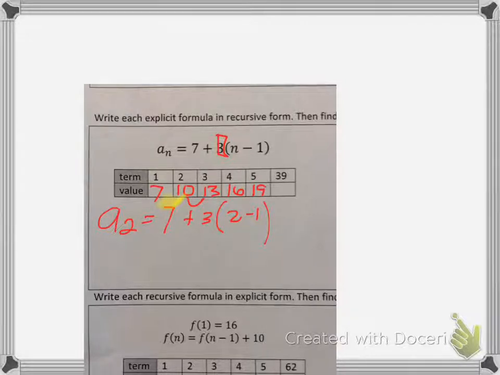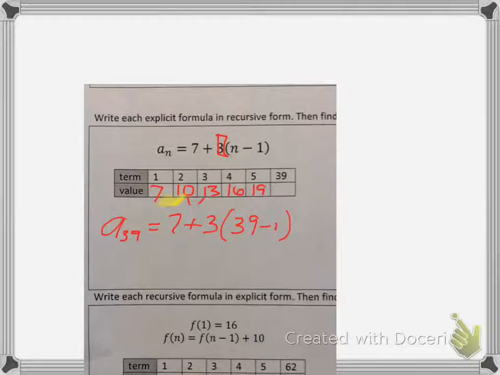Now, the 39th term, on the other hand, is going to be a little more difficult to find because I don't want to keep going up to the 39th term by adding 3. That's a little more work than I want to do. So again, I'm going to go back to the formula and find the 39th term. So a sub 39 equals 7 plus 3 times 39 minus 1.